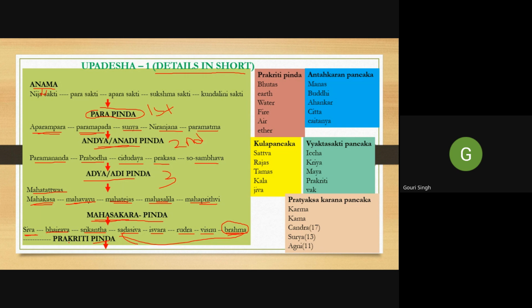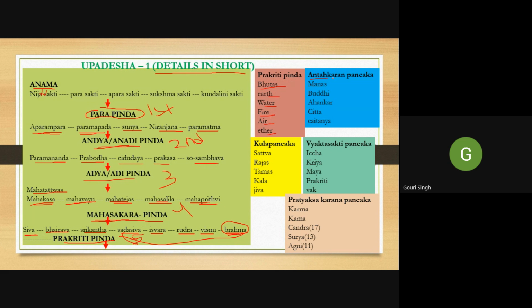After that, we discussed that the Prakriti Pinda is your fourth, and the next one is the fifth of the Pinda classification. After this Prakriti Pinda, what happens? The bhutas are added here, the Panchabhutas: earth, water, fire, air, and ether. These come from the Prakriti Pinda.